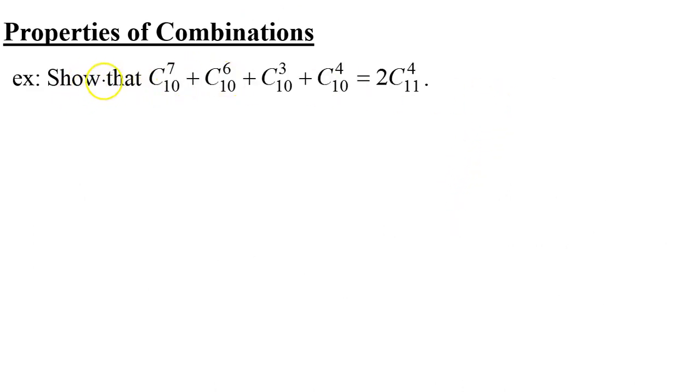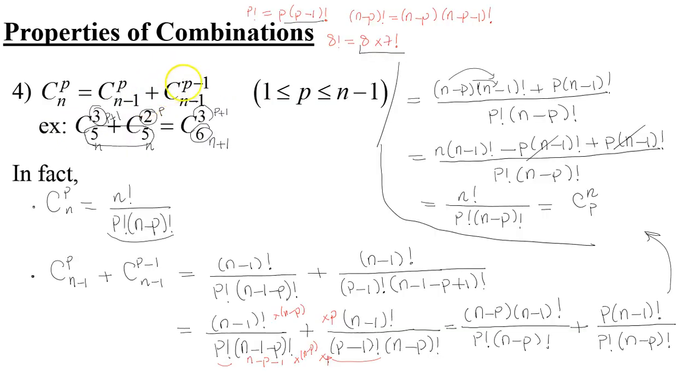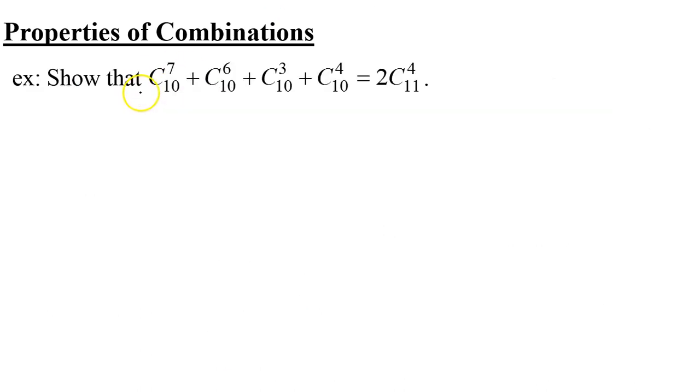Now, in this quick example, we need to show that this sum is equal to 2 times the combination of 4 out of 11. So we notice that all of these 4 combinations do have 10 as a total number of objects. So over here, in fact, according to the previous property, we need to look for the 2 combinations whose number of selections differ by 1.